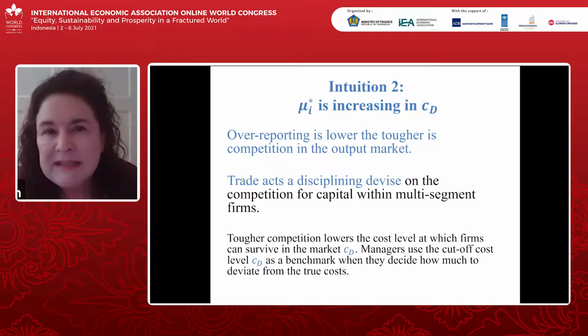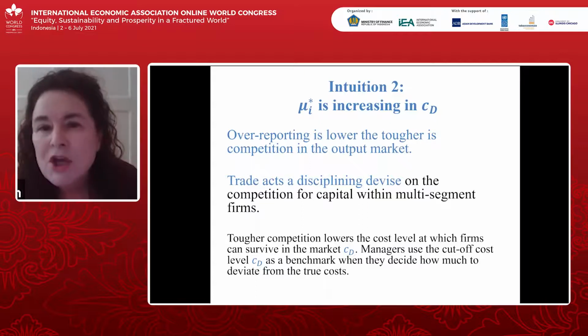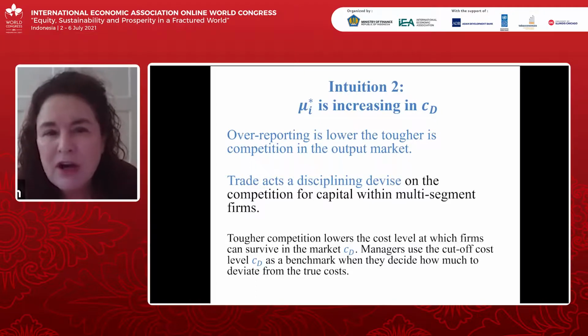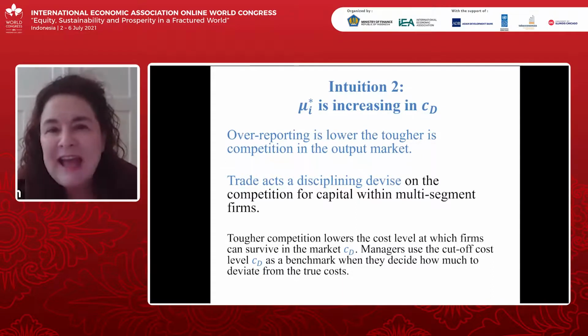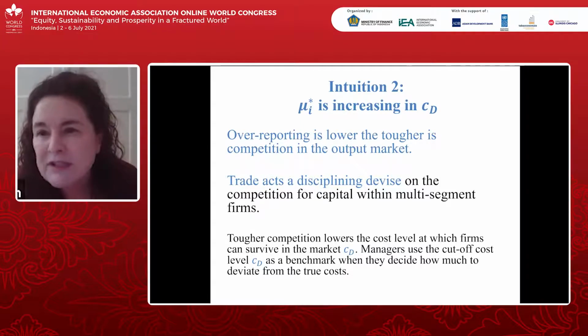The second comparative static is that the over-reporting factor is an increasing function of CD. So that means that over-reporting is lower the tougher is competition in the output market. That's basically telling you that trade acts as a disciplining device on the competition for capital within multi-product firms. So the intuition is the following.